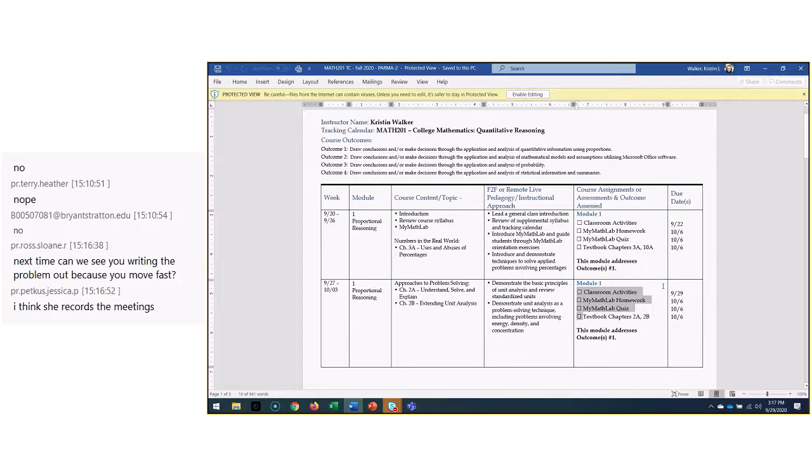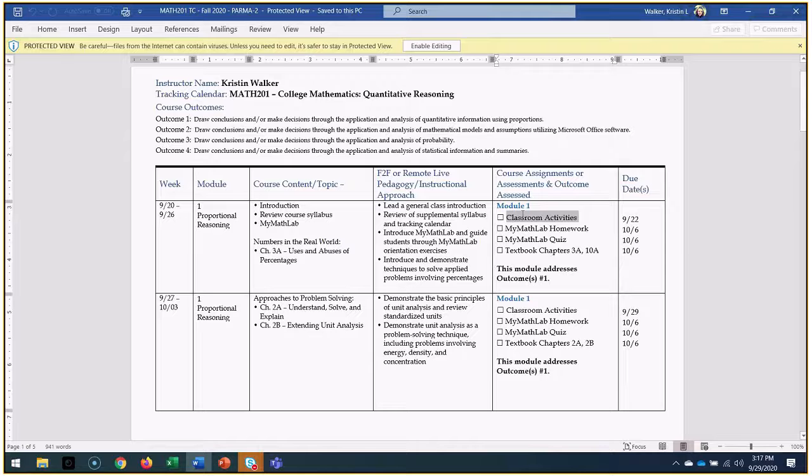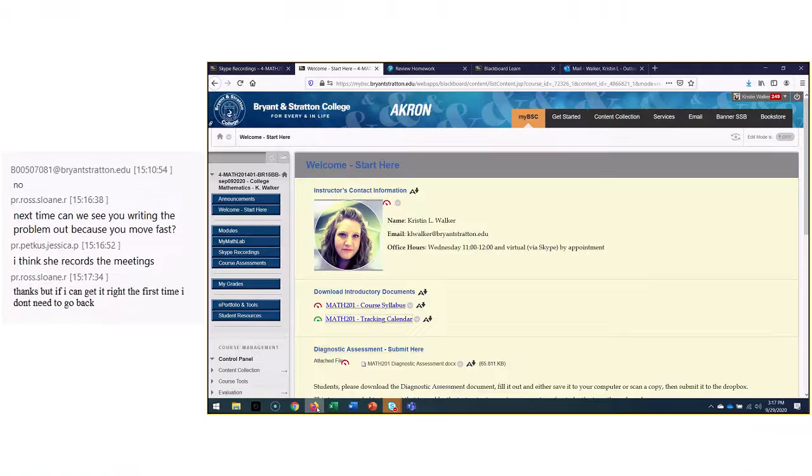Okay, so in order to get yourself caught up, you need to make sure that you have looked over the classroom activities, the entire lecture, which is in Module 1. Classroom activities, both for this week, is the lecture for Module 1. So let me show you what I'm talking about real quick.